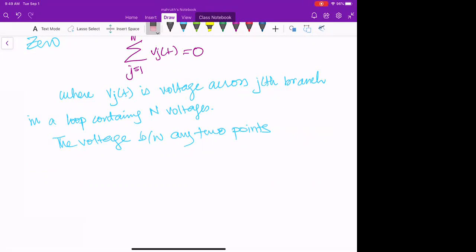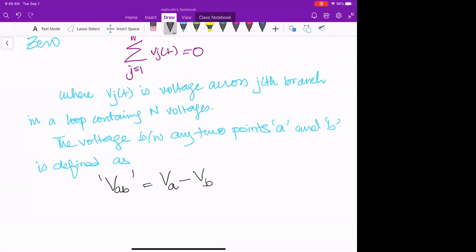Between 2 points A and B is defined as VAB, right? So where VA, we should assume that VA is at higher potential and VB is at lower potential, right?